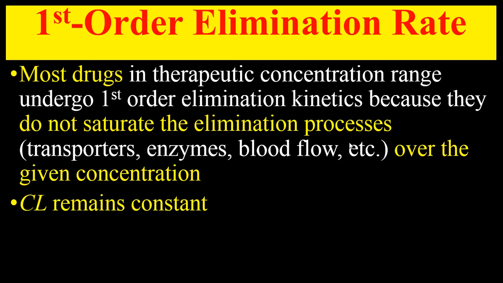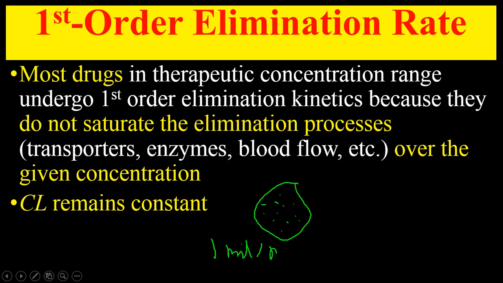Now clearance remains constant for the given range. For example, the drug is 5 milligram per deciliter, and its clearance is, for example, 1 milliliter per minute, and the concentration is either 5 milligram per deciliter or 10 milligram per deciliter.